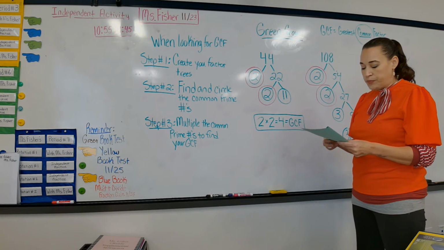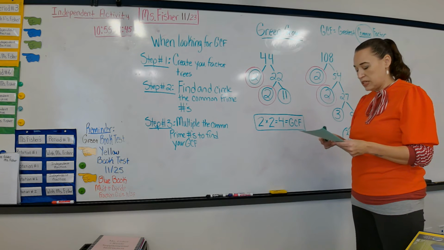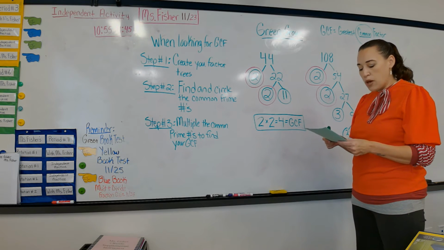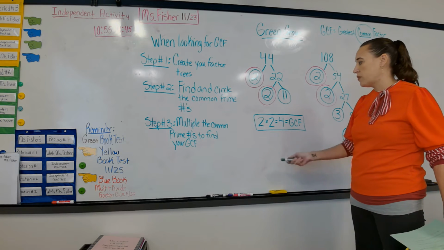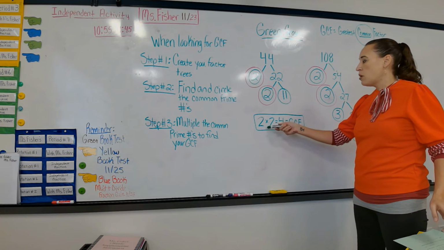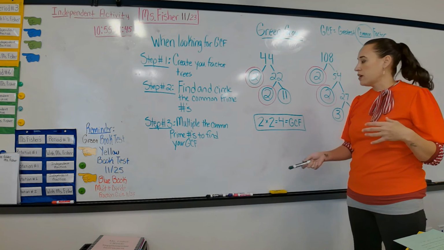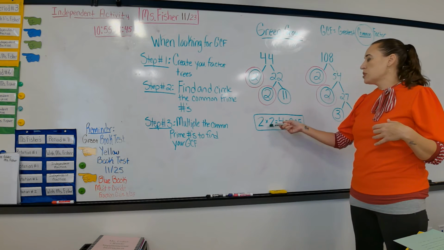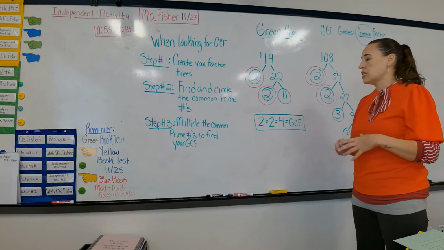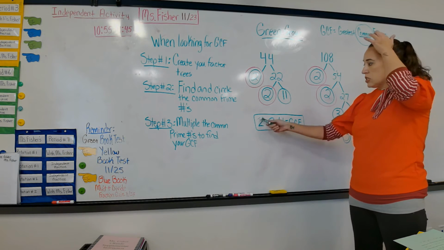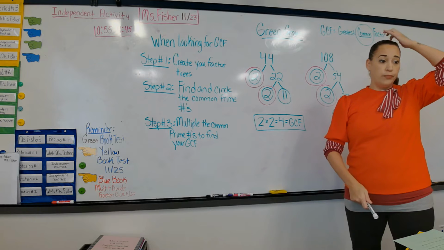And it says for each pair of numbers, draw the prime factor tree. We did that. And it says list what prime numbers you need to multiply together to find the greatest common factor. So you have to show me what prime numbers you're multiplying together. So you would do 2 times 2 equals 4 equals GCF. Okay, so this whole thing is your answer.